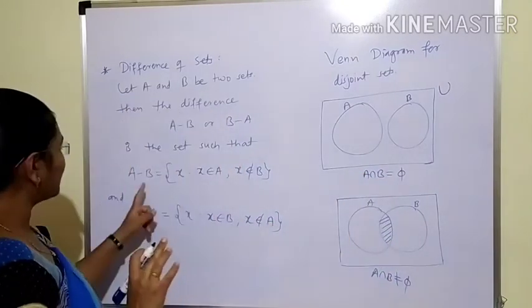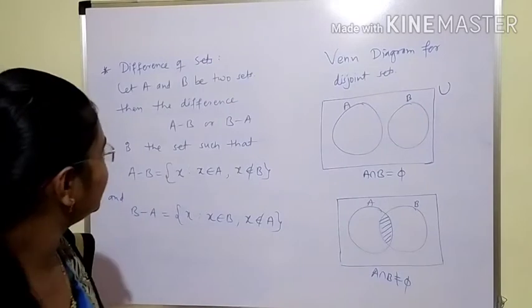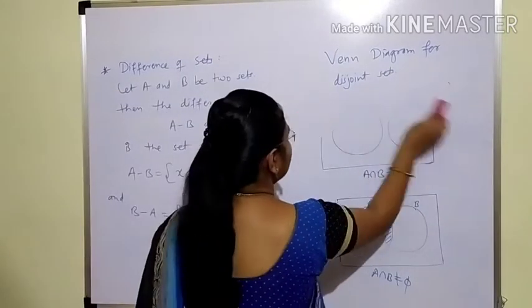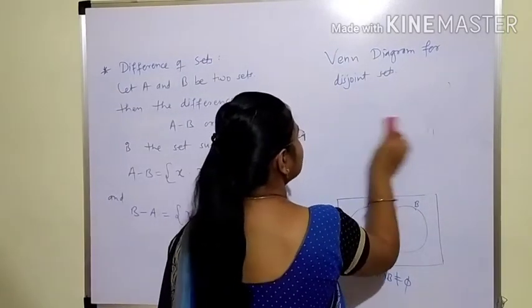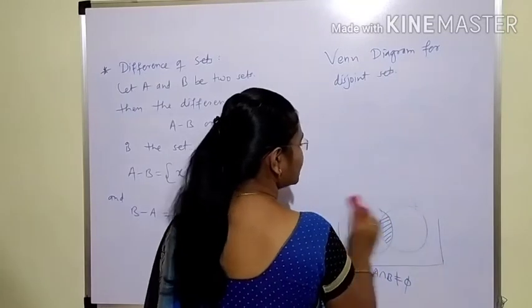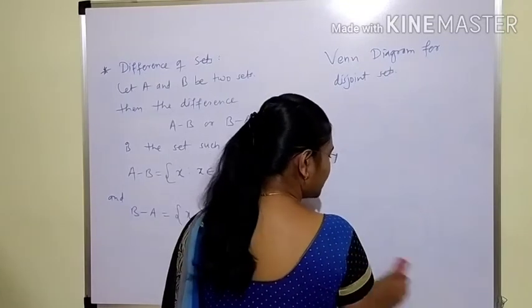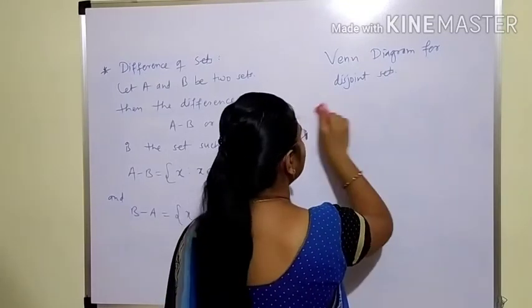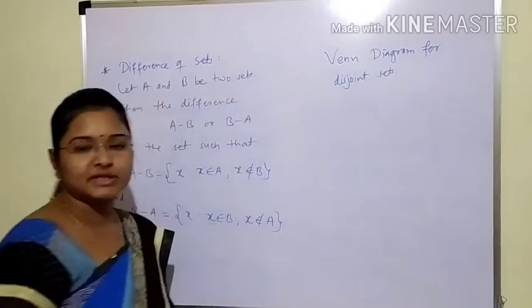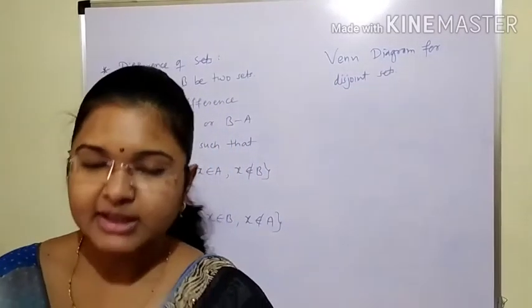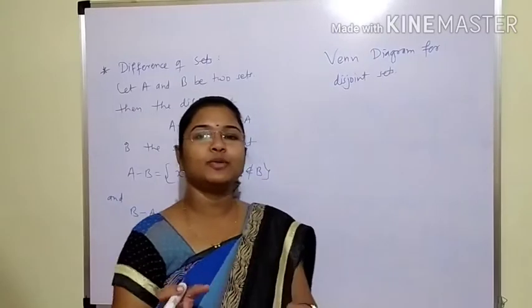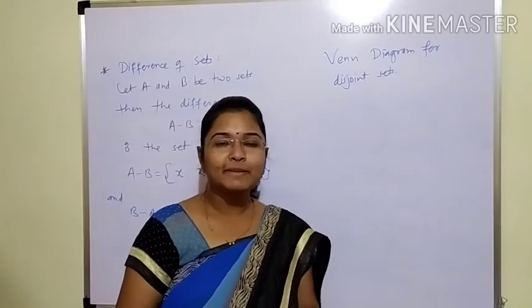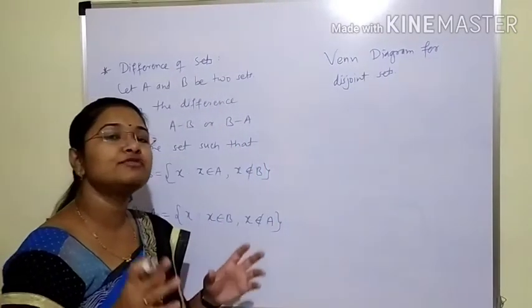Now students, we will draw Venn diagram for both these sets, so you will get an idea of how we are writing the difference. Here students, on numbers we were applying mathematical operations, algebraic operations, that difference of 2 and 3, that is 1. But here we are taking difference of sets.